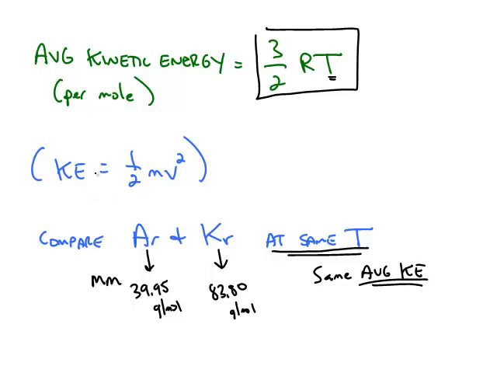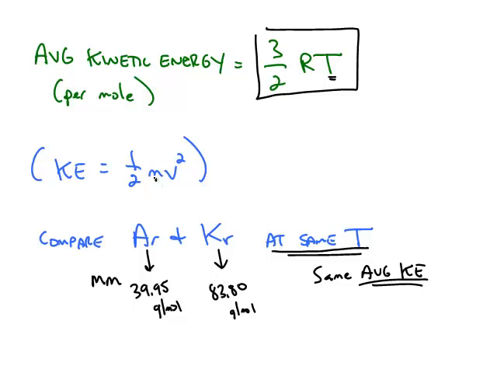And kinetic energy is given by this formula, 1/2 times the mass times the velocity squared. So even though the average is the same, we know that argon has a much lower molar mass, 39.95 grams per mole compared to krypton.